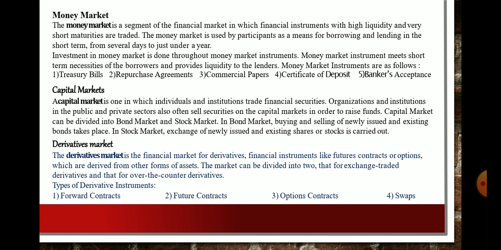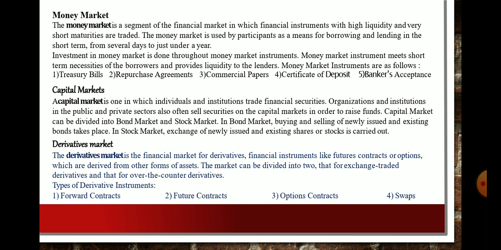Organizations and institutions in the public and private sector also often sell securities on the capital market in order to raise funds. The capital market can be divided into bond markets and stock markets. In the bond market, buying and selling of newly issued and existing bonds take place. In stock markets, we can exchange stocks or shares.